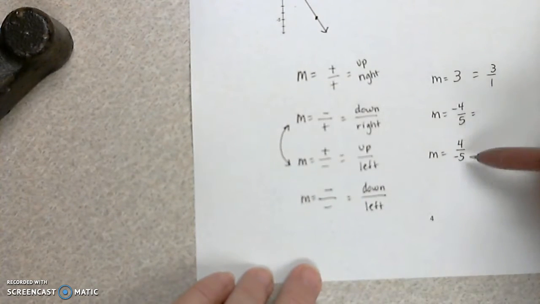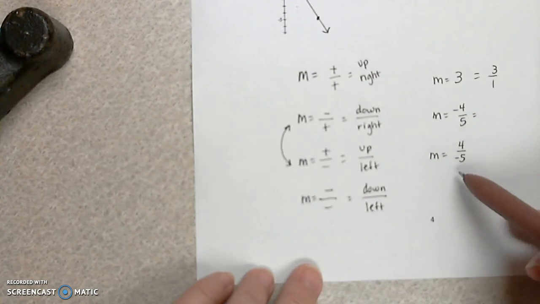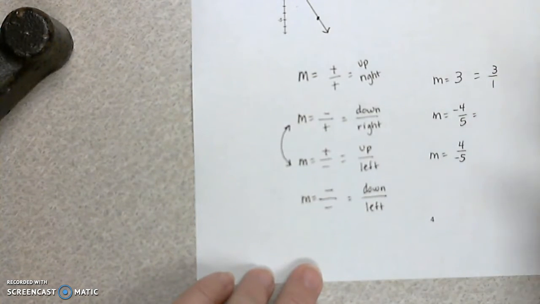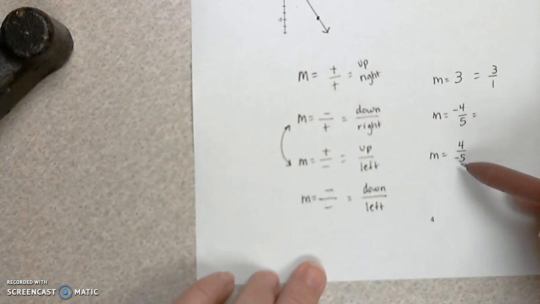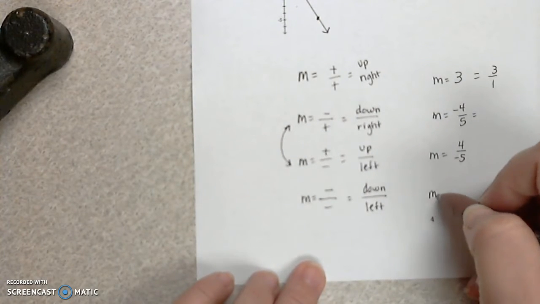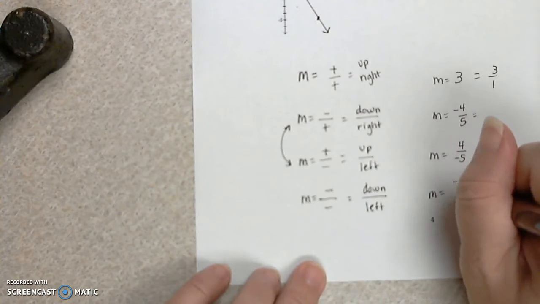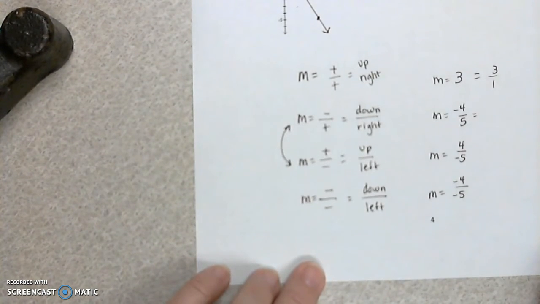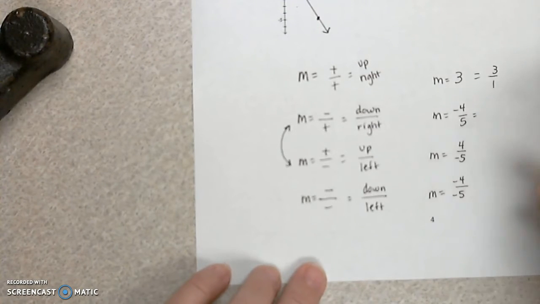Alright, remember these two are interchangeable, so if I just move the negative around, I haven't changed the value of the slope, it's still a negative slope. But this time I would go up 4 and left 5, and I should still get a good graph. And so what if we had negative 4 over negative 5? I could go down 4, left 5, down 4, left 5.